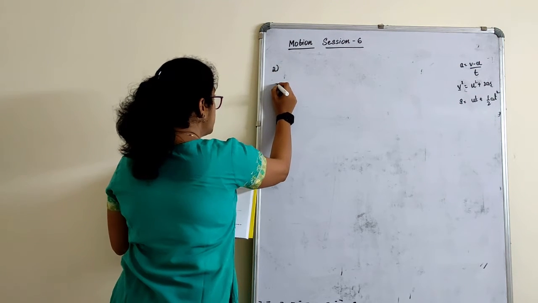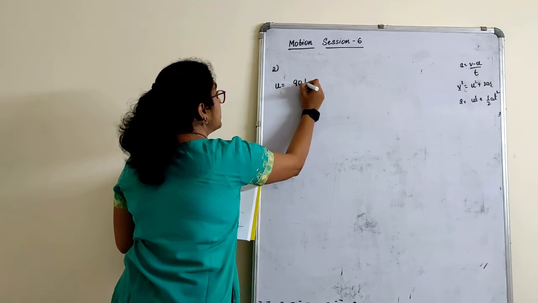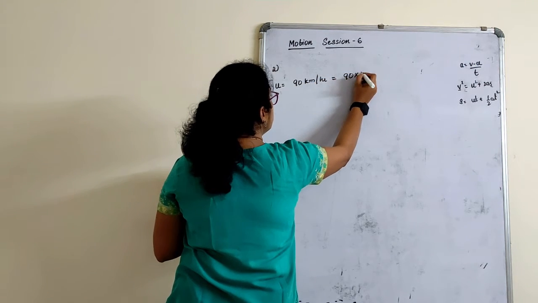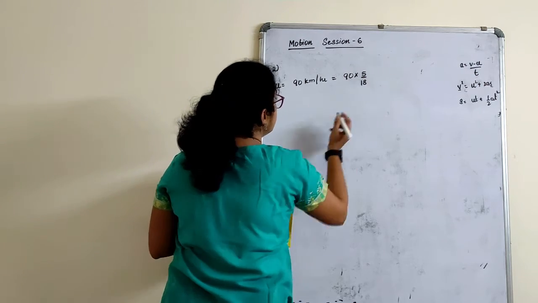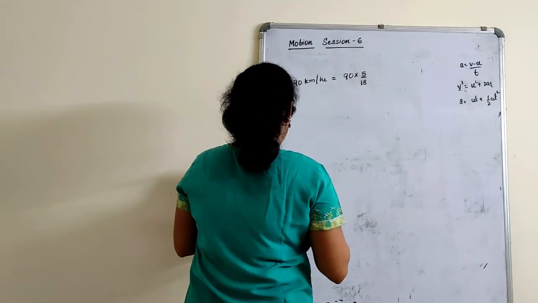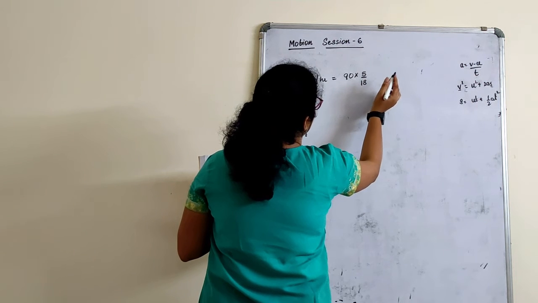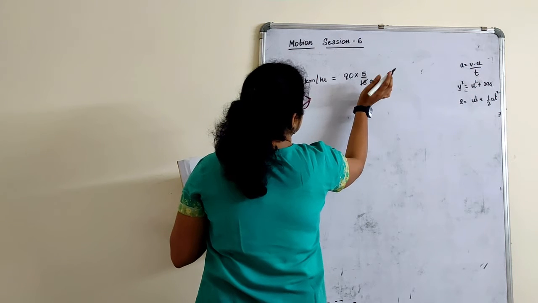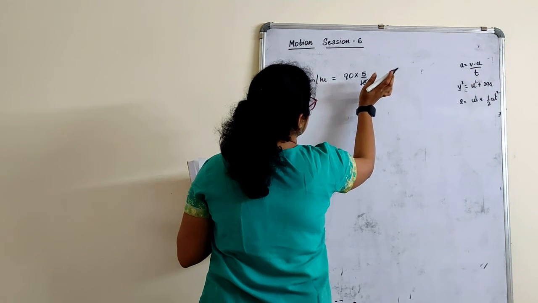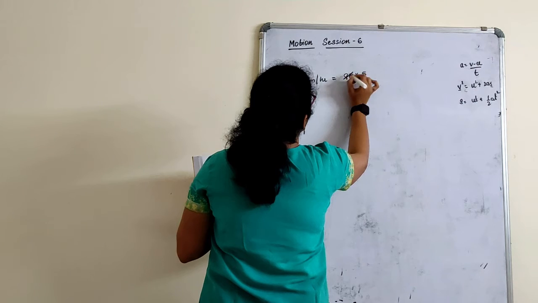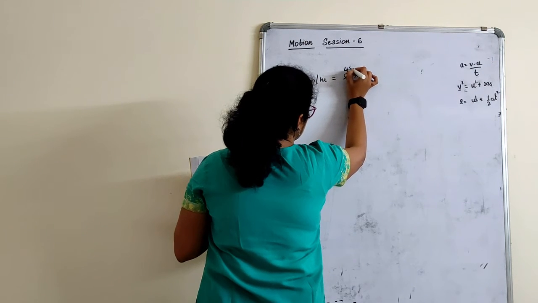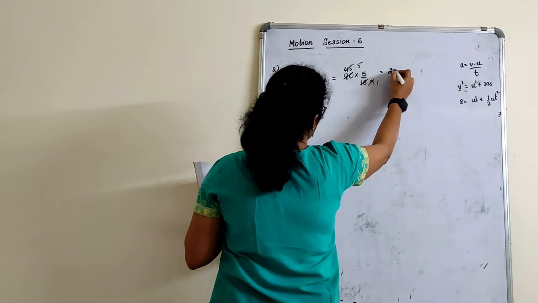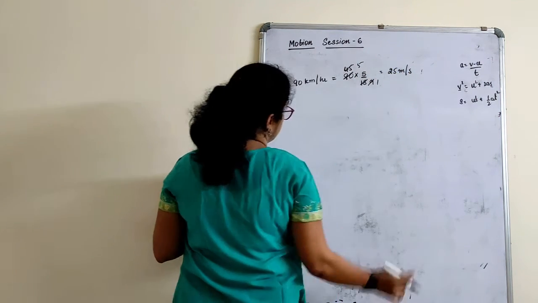If it is traveling with the speed, that is u. 90 km per hour, so how do you write? 90 into 5 by 18. So 2 9s are 18. What we can say here is 2 45s are 9, 1s are 9, 5s are 25 meters per second.